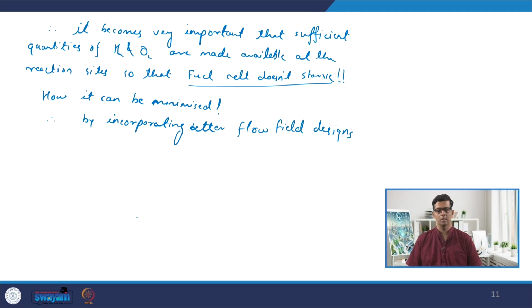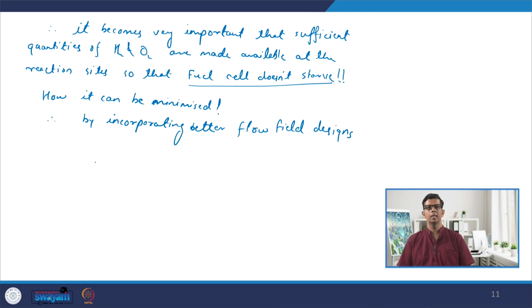We have come across these flow field designs before when we saw the actual fuel cell, wherein we saw the monopolar plate having channels. So, those channels are nothing but the flow field designs, and there are different designs available in the market. We will see those details of those flow field designs in upcoming sessions.